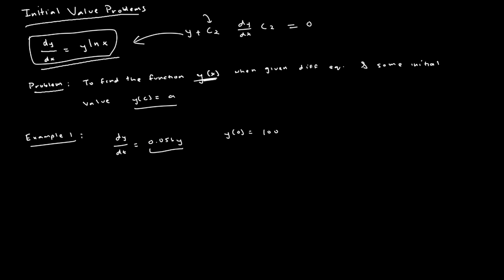The best way to go about this is to think about what functions would lead to this sort of behavior. And the first thing that pops out to me is exponential functions, because let's say I have a function y equal to e to the x, then dy over dx is equal to e to the x. And if I replace e to the x by y, because they're equivalent, I would get dy over dx is simply equal to y. And that is very similar to what I have over here, except that I have a constant.